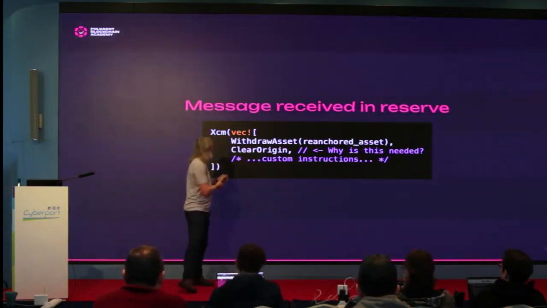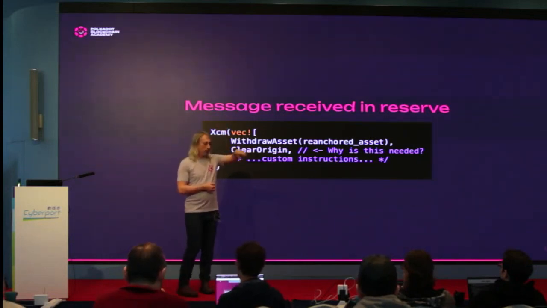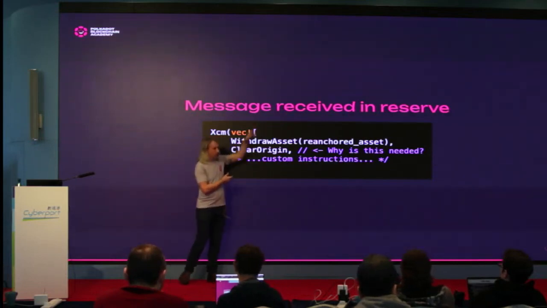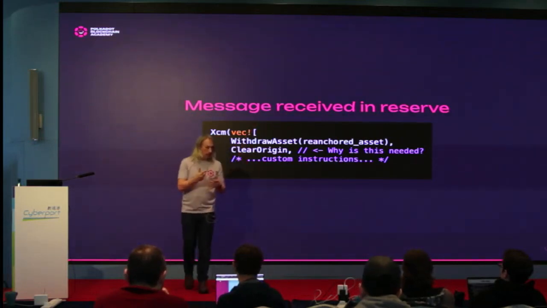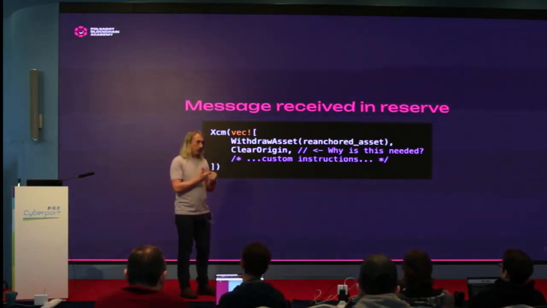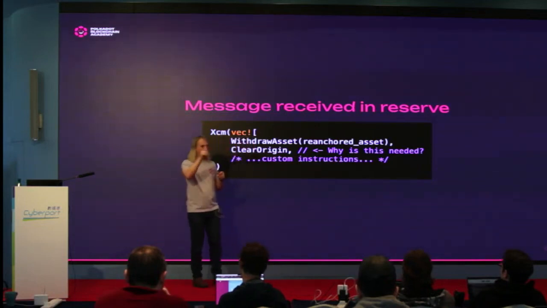There is the sending chain, which is holding the assets on that user's behalf. And then there is the reserve chain, the reserve location, which is where the assets actually live. Now, none of these three trust each other.